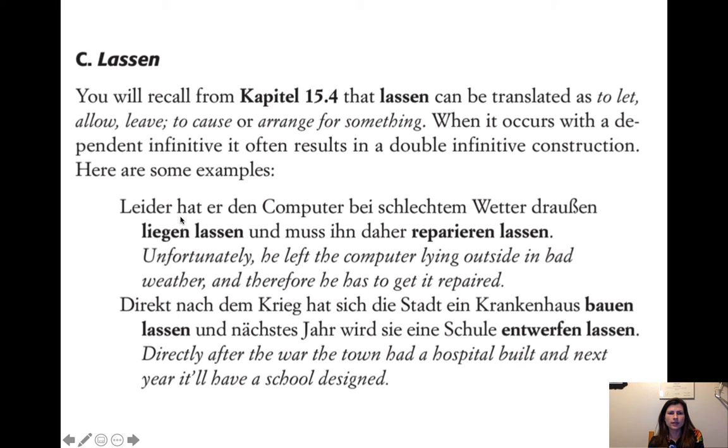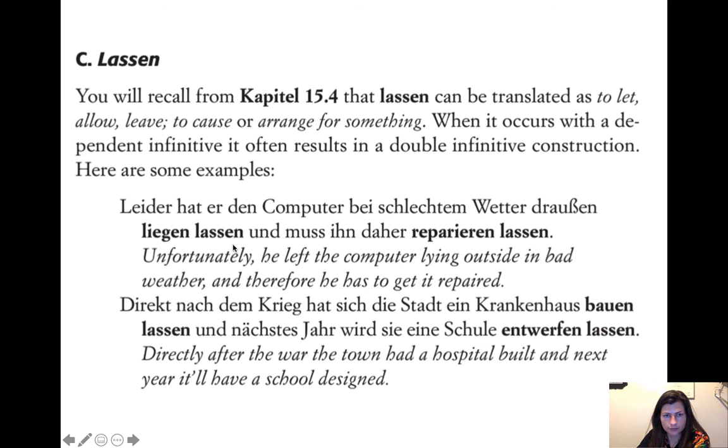So we can say, leider hat er den Computer bei schlechtem Wetter draußen liegen lassen. So he left it lying there. That's just like the one we were just doing. And then, und muss ihn daher reparieren lassen. So he left it lying outside in bad weather, and therefore he has to get it repaired. So you'll see that lassen is actually doing two different things here, and it needs to be translated two different ways.